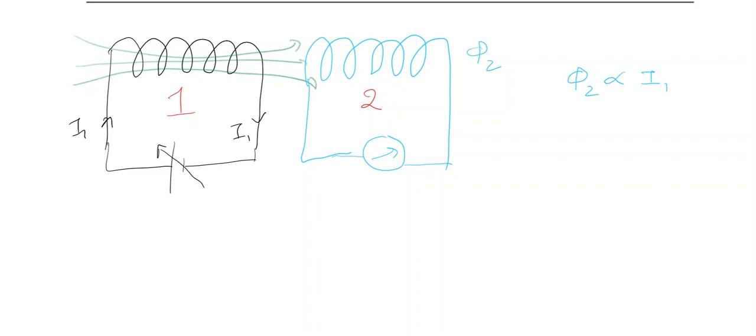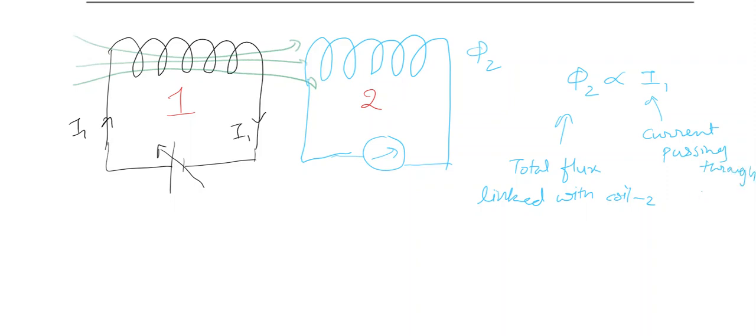Okay. What is phi 2? Phi 2 is the total flux linked with coil 2 or inductor 2. What is I1? Current passing through coil 1.